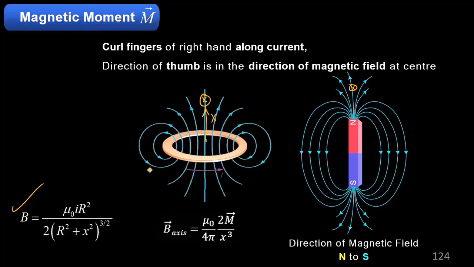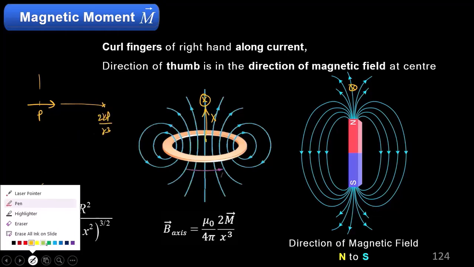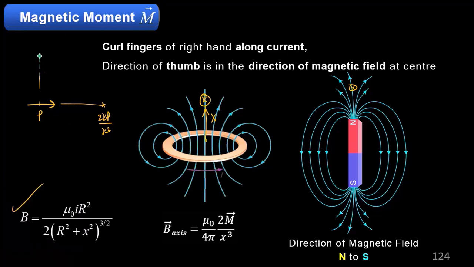This formula is quite similar to the expression for the dipole. So let us recall the expression for the dipole. For an electric dipole with dipole moment P, the electric field at the axial position is equal to 2kp by r cube. The electric field at the equatorial position is kp by r cube.